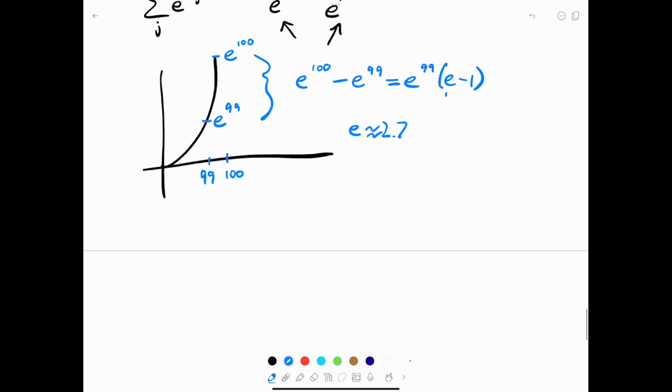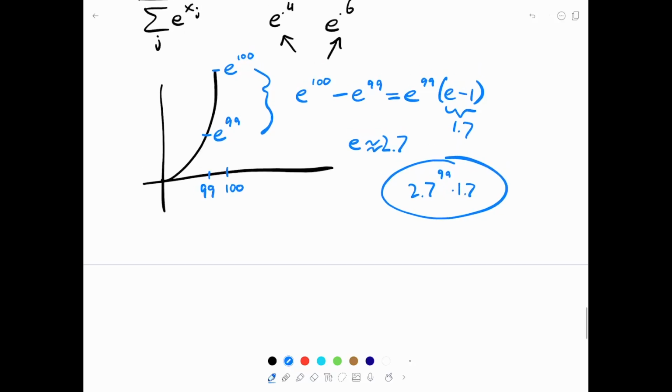Then e minus 1 is going to be around 1.7, so this is 2.7 to the power of 99 times 1.7, which is an enormous number.